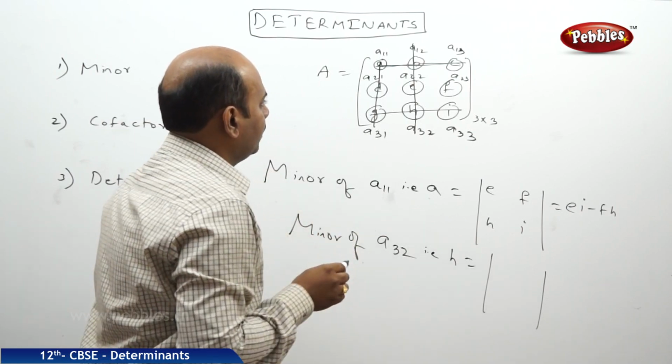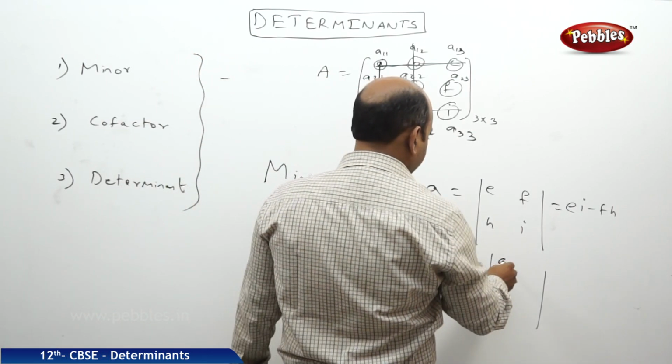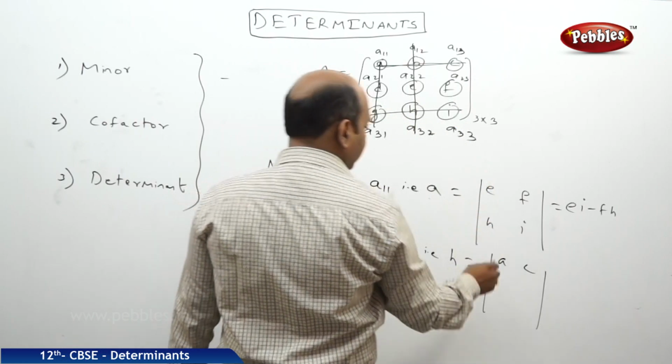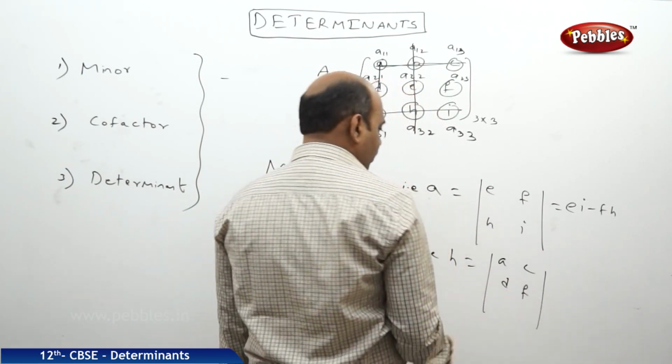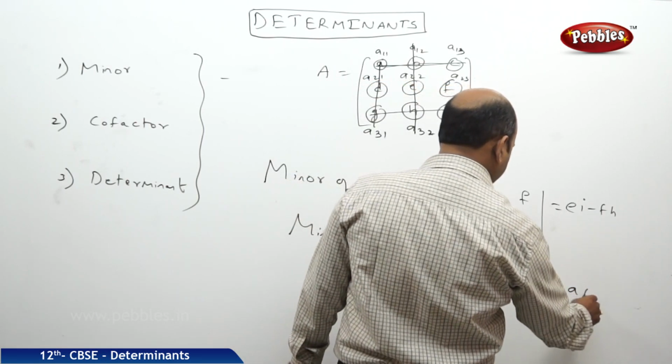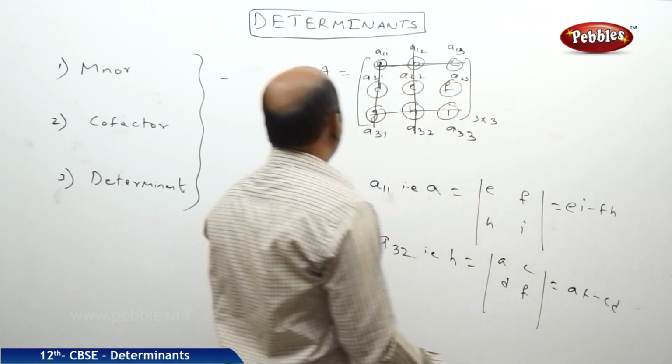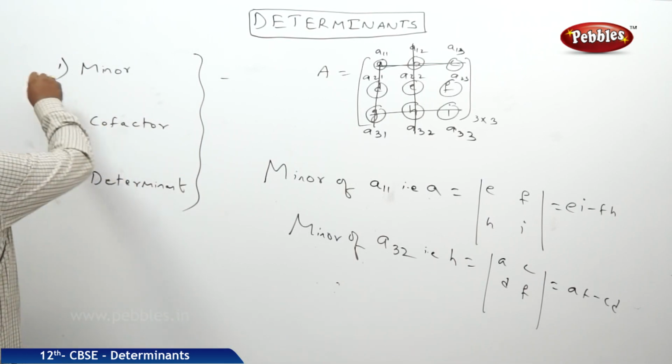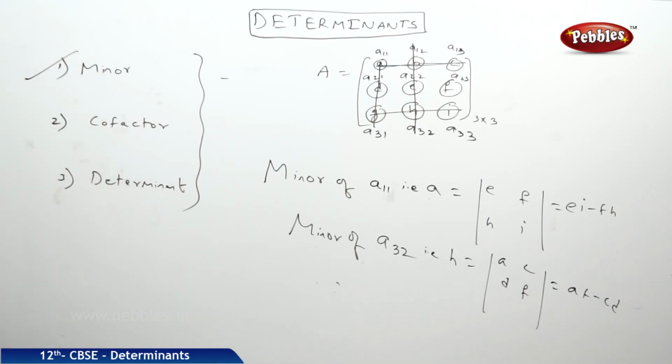So the elements remaining for us are a, c and d, f. Now I need to find its value. This is af minus cd. I think you are clear with the minor definition.